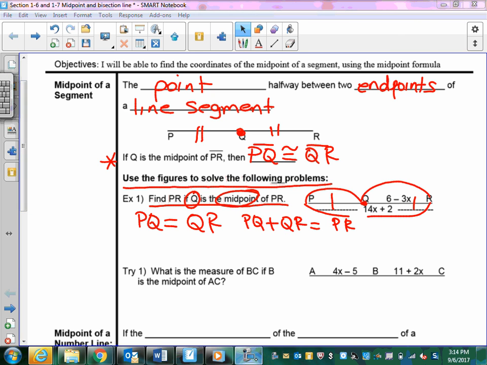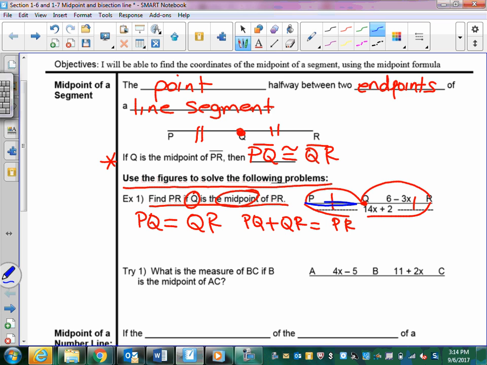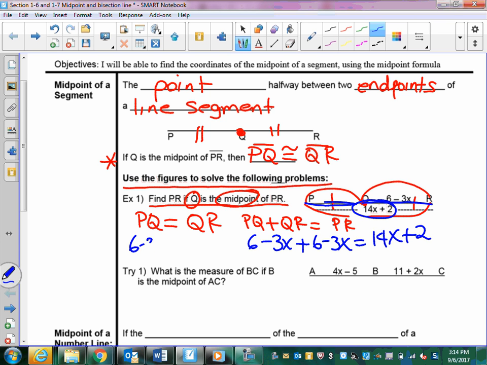So in this case, since I know these two are the same, I know QR is 6 minus 3x, same as PQ, and the whole thing is given to be 14x plus 2. That's what we have to do using segment addition, because I cannot say 6 minus 3x equals 6 minus 3x and be able to solve.